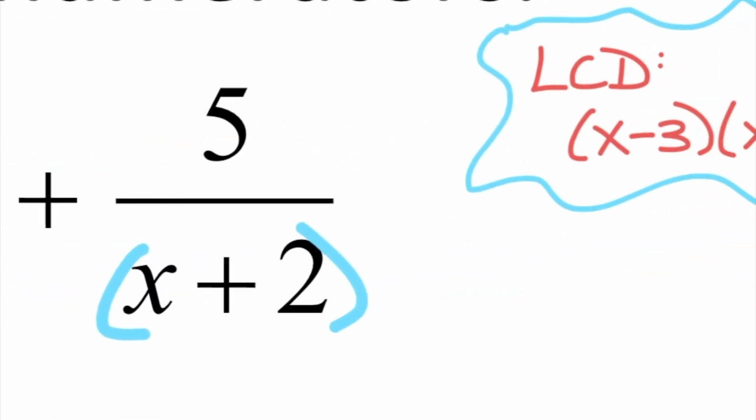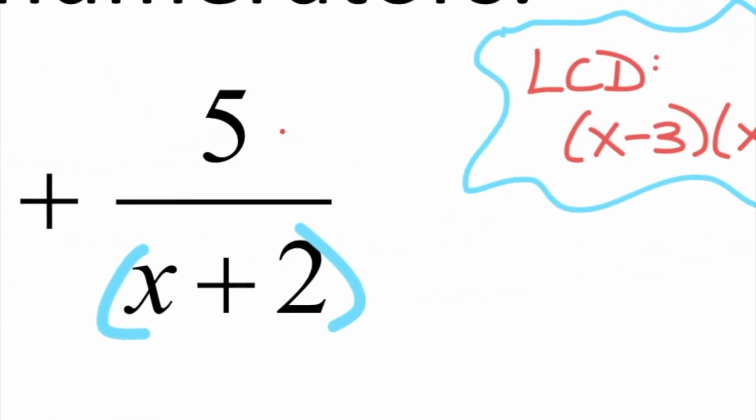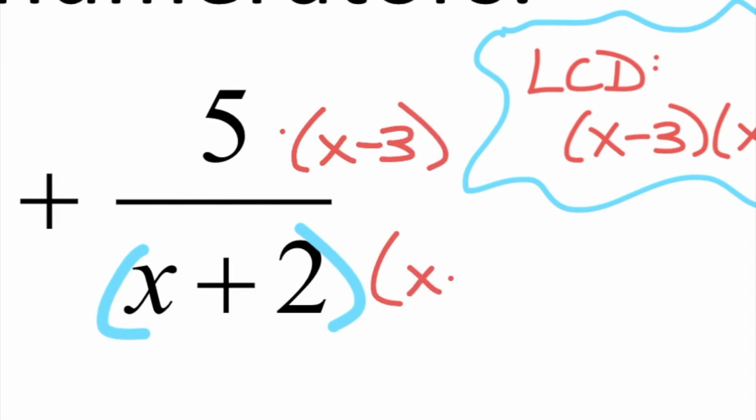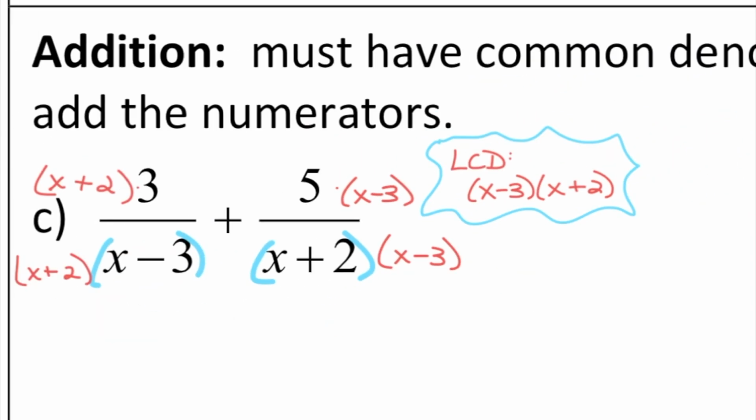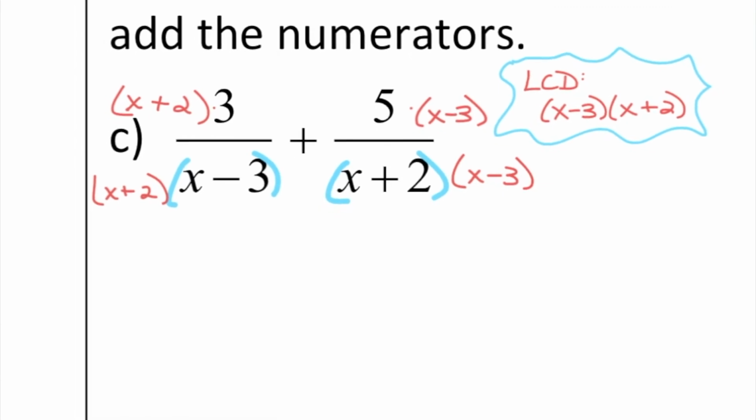And in order to get x plus 2 times x minus 3 here, I have to multiply by x minus 3 in the numerator and the denominator. So now notice that both fractions now have this common denominator, x plus 2 times x minus 3, or x minus 3 times x plus 2, it's the same thing.